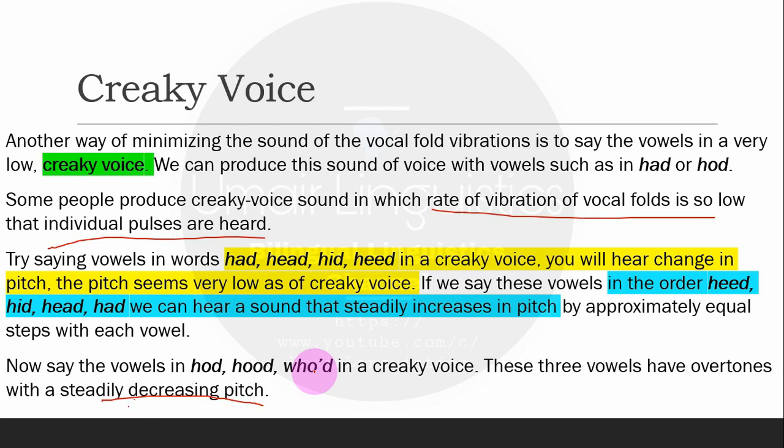So this is another way. Let me show you creaky voice from the spectrogram, where the pitch of these vowels produced in creaky voice is very visible. That's why we can hear some overtones or different pitches in creaky voice.